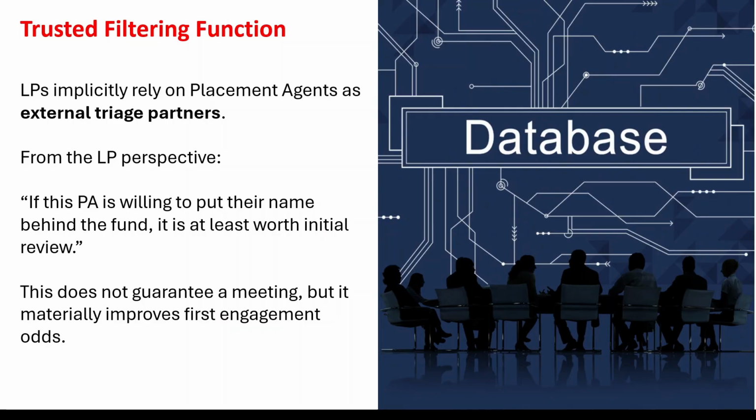From the LP's perspective, if this placement agent is willing to put their name behind the fund, it's at least worth an initial review. So that's really the key part of the whole process. It's the sender, not the message, many times. Now, this does not guarantee a meeting, but it materially improves first engagement odds.